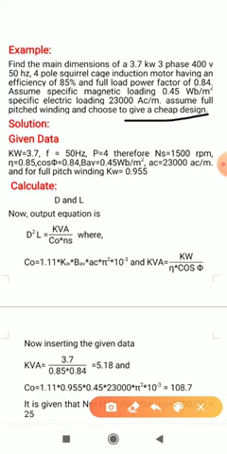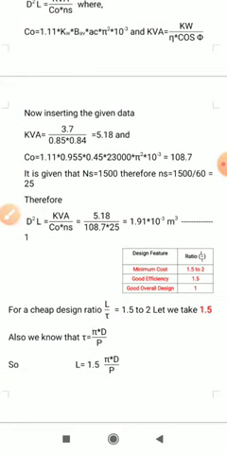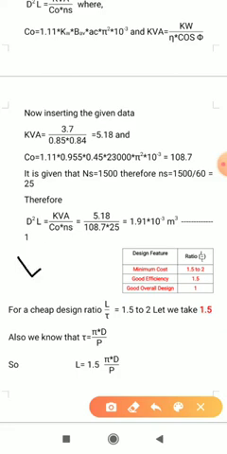And in lecture 3 we have already discussed the separation of the d and L totally depends on the design constraints, and there are various design constraints, and at that very constraint the value of the ratio stator core length to the pole pitch, that is L divided by tau, is different.